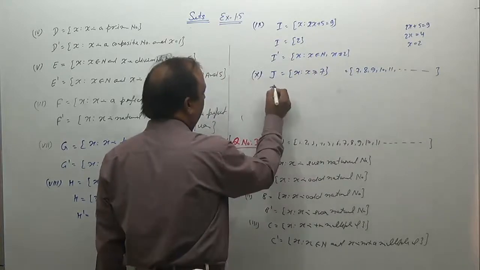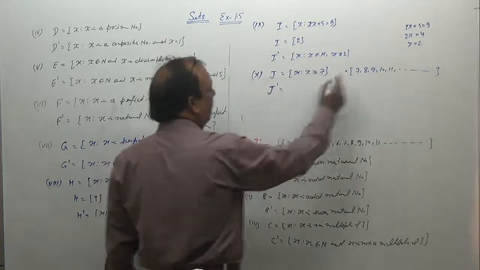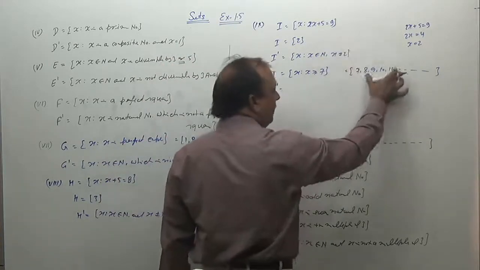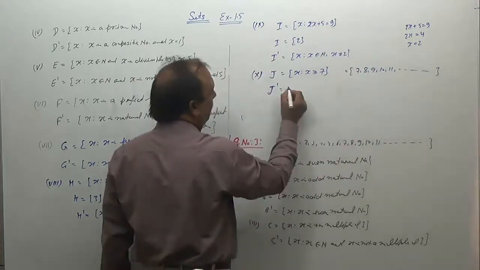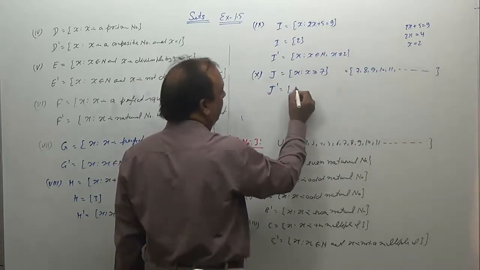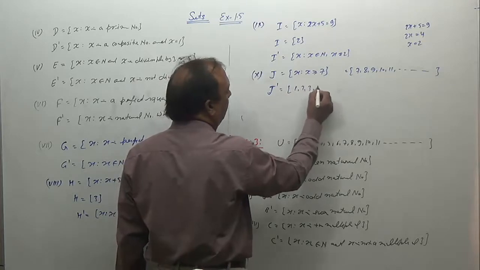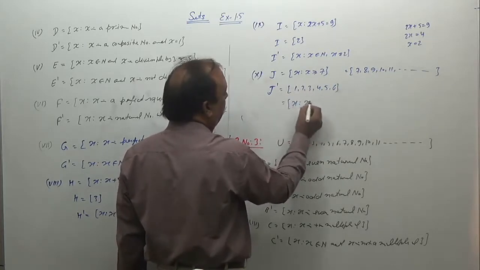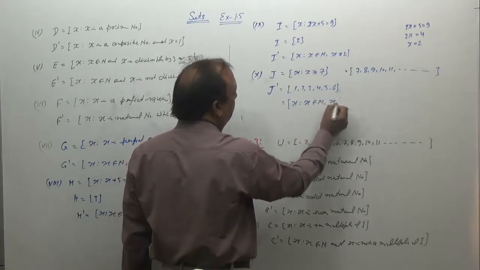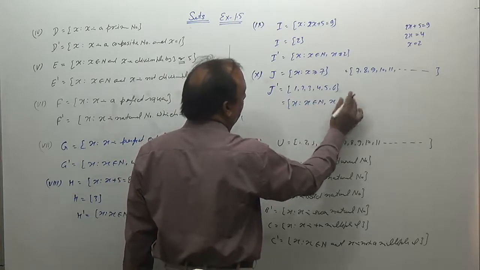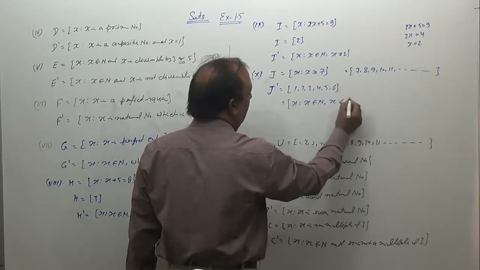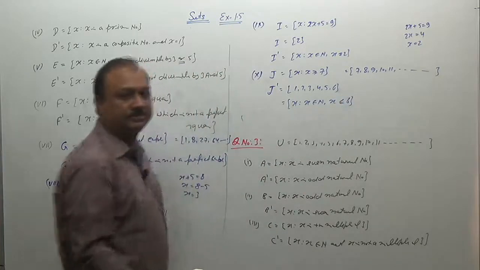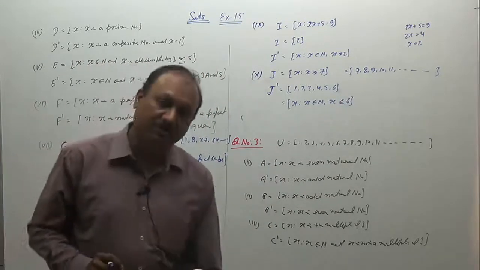So what is its conjugate? In the set of natural numbers, except these natural numbers, the complement contains 1, 2, 3, 4, 5 and 6. So we can also write it as natural number x is less than or equal to 6. So this one is the conjugate of set J.